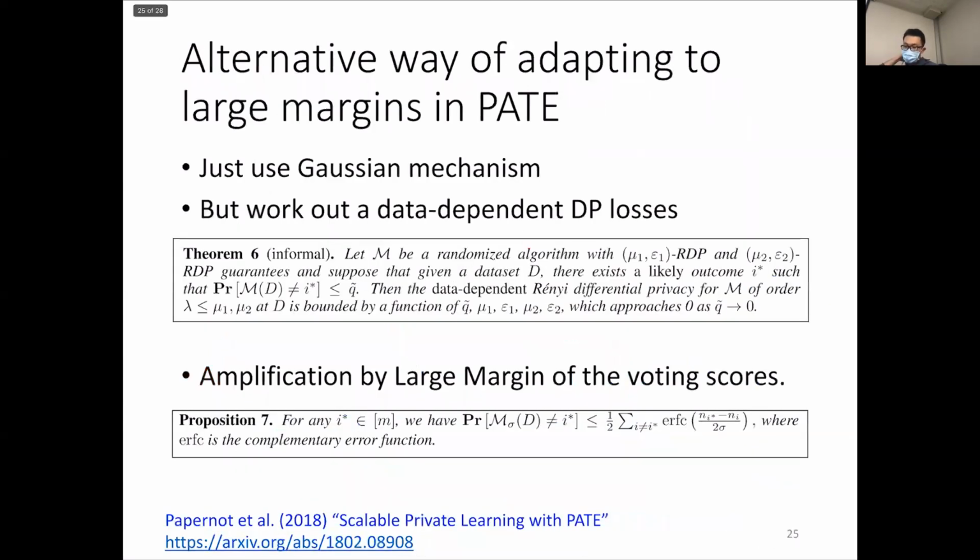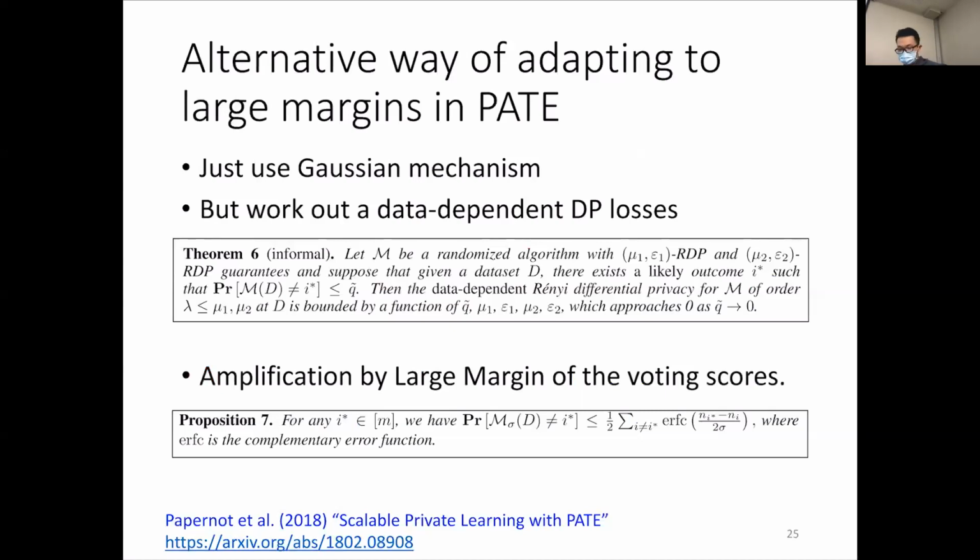Interestingly, there are two other ways of adapting to large margins in PATE, without using fancier differentially private approaches like the sparse vector technique. In particular, we can just use the standard Gaussian mechanism, but then try to privately release the data dependent privacy losses.